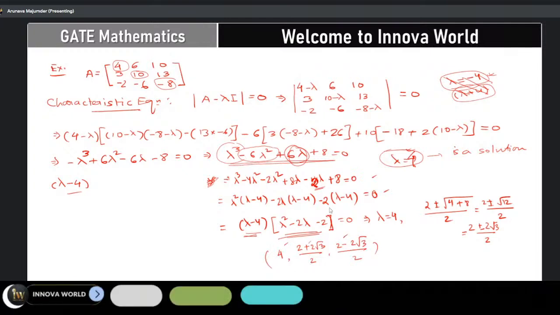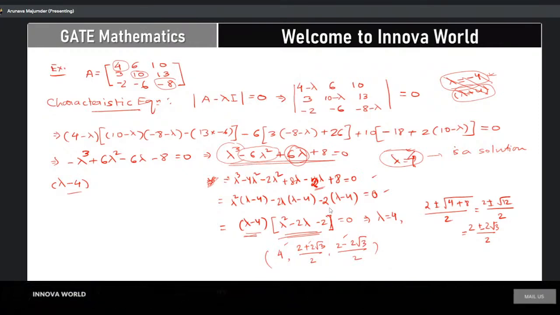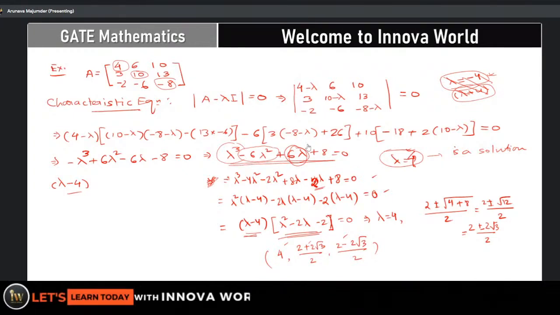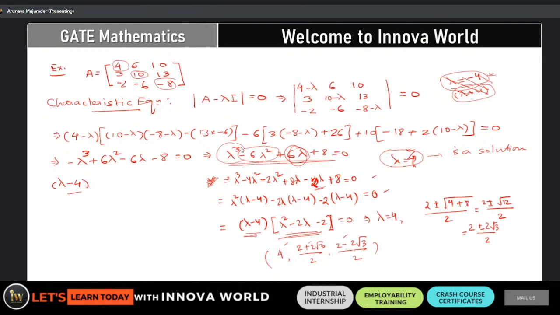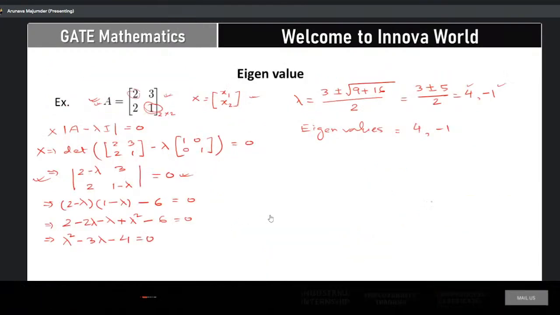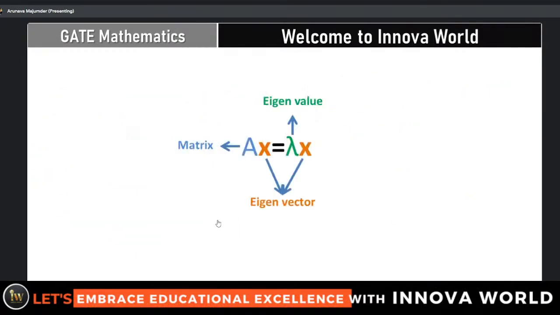These are the techniques to find the eigenvalues. Now how to find the eigenvectors? Eigenvectors can be found by using the equation Ax equal to lambda x.